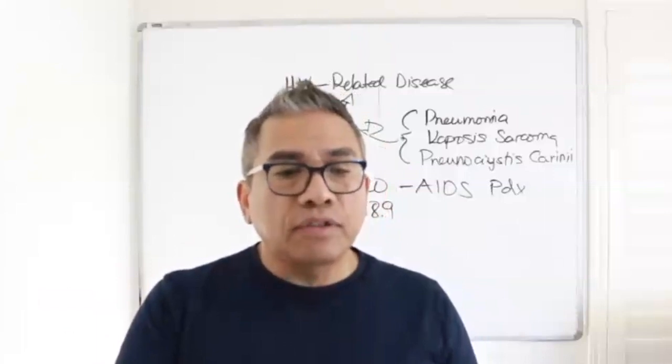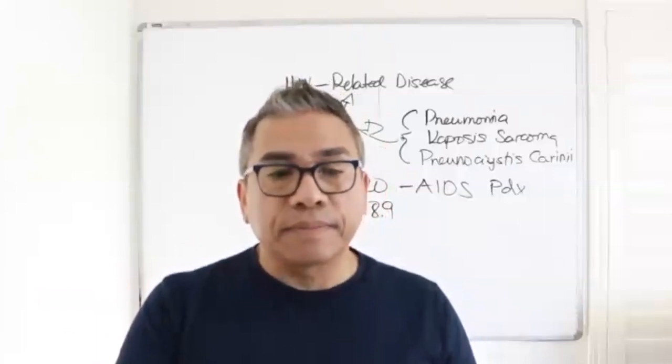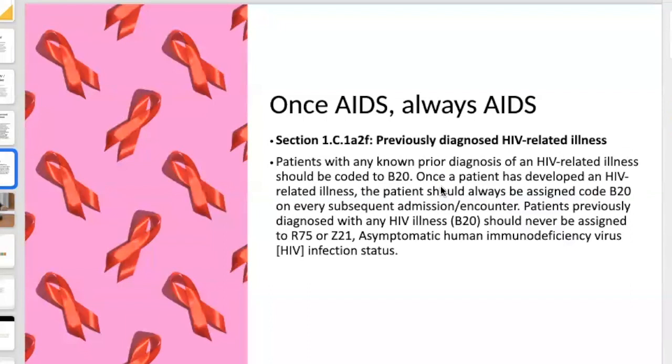Let's move on to the next one. Okay, let's read here, guys. Once AIDS, always AIDS. I'm going to read. Patients with any known prior diagnosis of an HIV-related illness should be coded to B20. Once a patient has developed an HIV-related illness, the patient should always be assigned the code B20 on every subsequent admission.